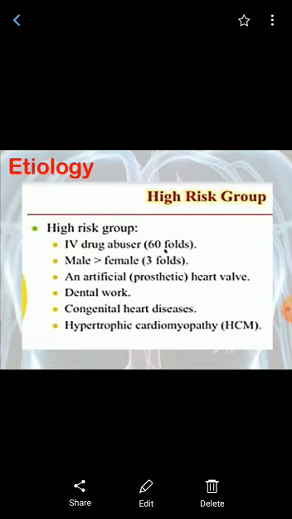Dental work that went wrong, any type of congenital heart disease, or hypertrophic cardiomyopathy can also be causes. So these are some causes that can put a person at risk for infective endocarditis.